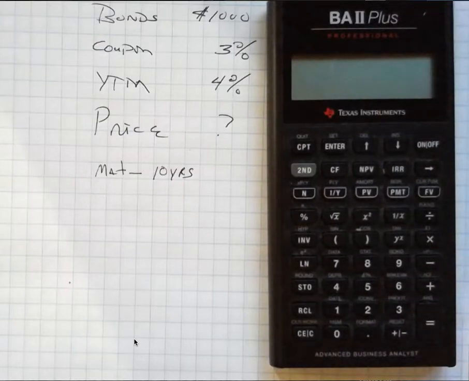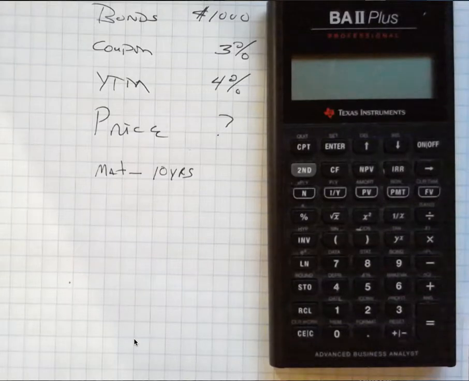Now, if the yield to maturity, as in this case, 4%, is greater than the coupon rate, 3%, you know that that bond in the marketplace today will sell at a discount, something less than $1,000.